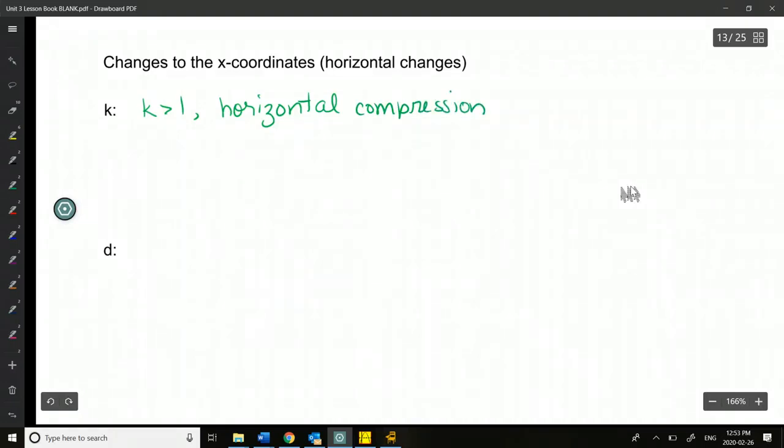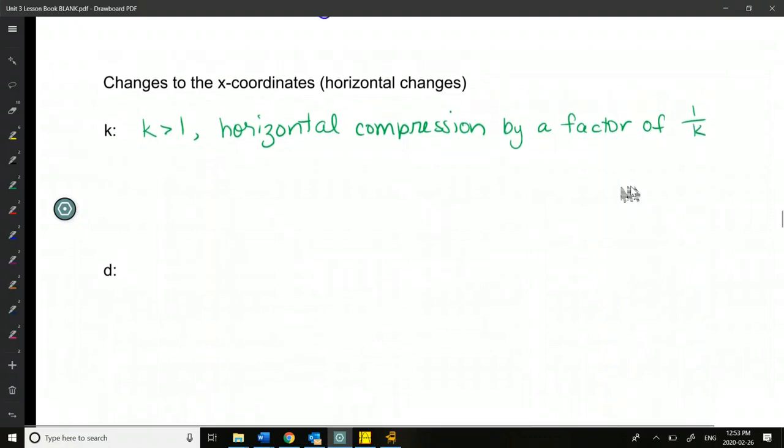When we tell what the factor is that we're compressing by, usually with the A value we'll say vertical stretch by a factor of 2, and that means we're taking all of our y values and multiplying them by 2 to stretch out the function. We always use the reciprocal of K when we state our compressions and stretches. So it will be horizontal compression by a factor of the reciprocal of K. When I say 1 over K, I mean the reciprocal of whatever K is.